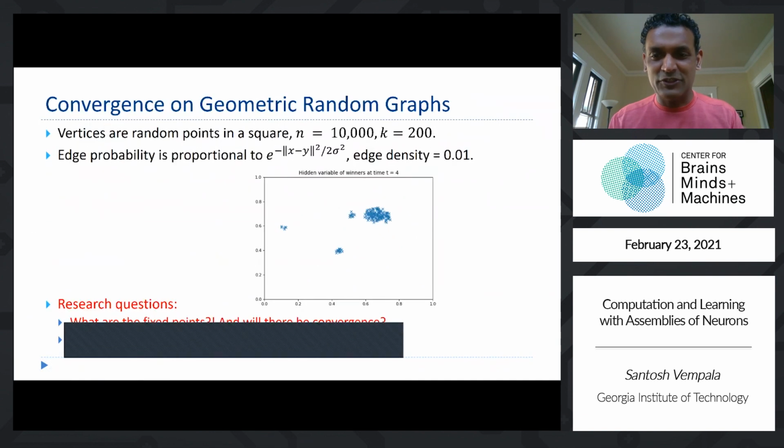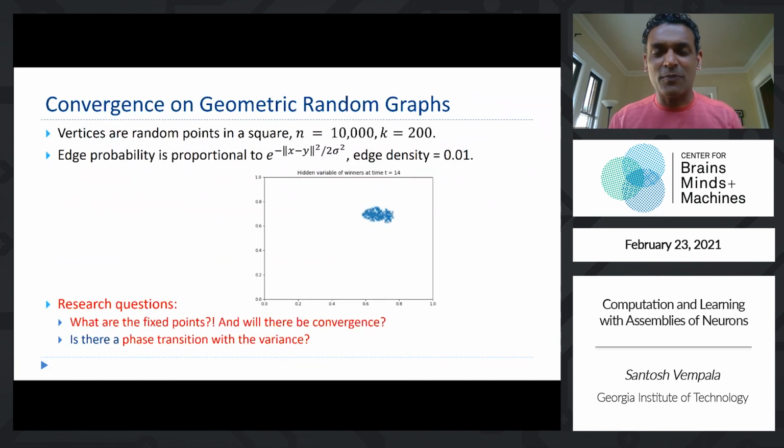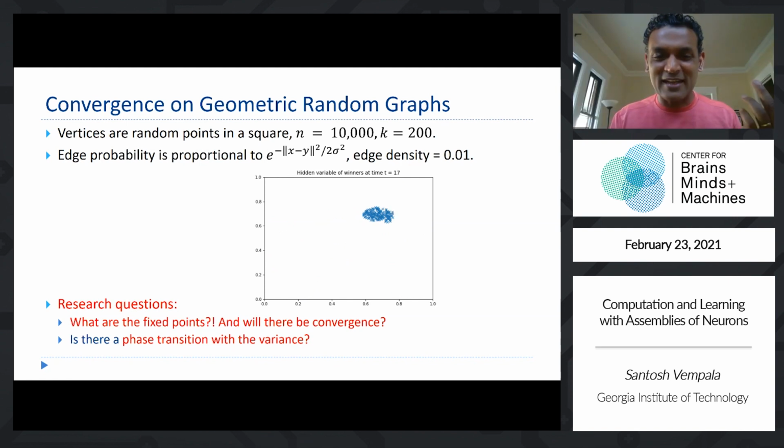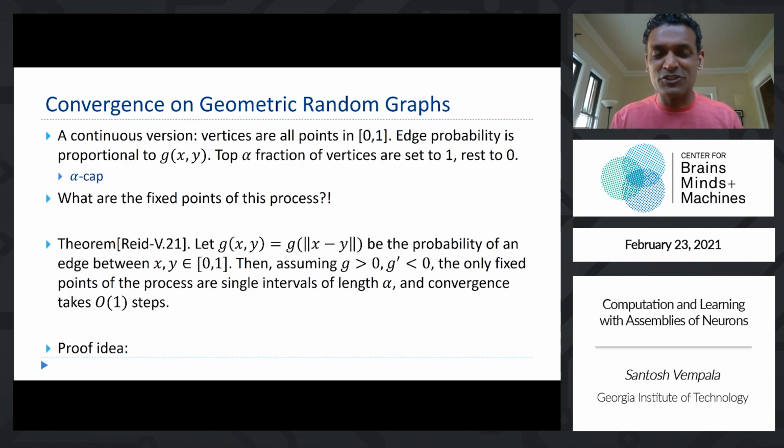And as a result, you see what happens is that this top K process converges without plasticity. Without plasticity, it still converges. And so you could ask naturally, what does it converge to?